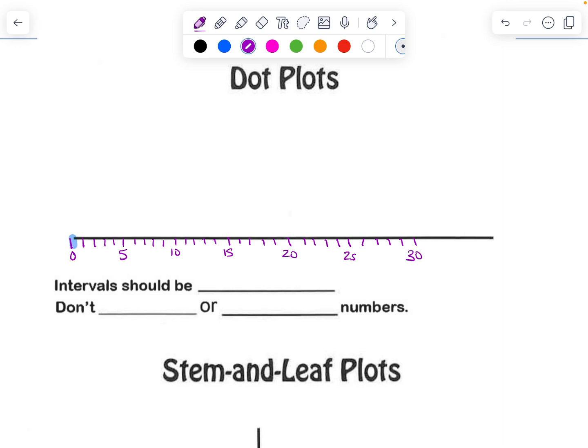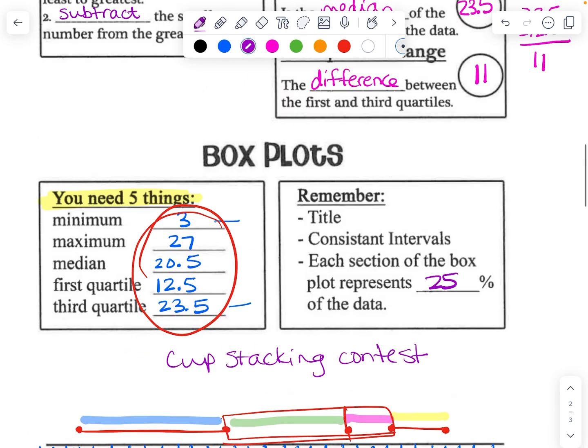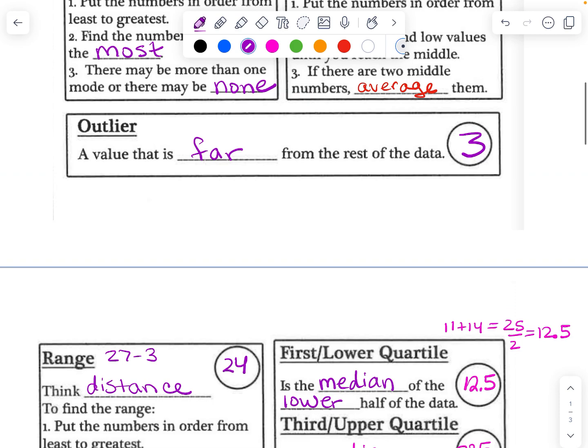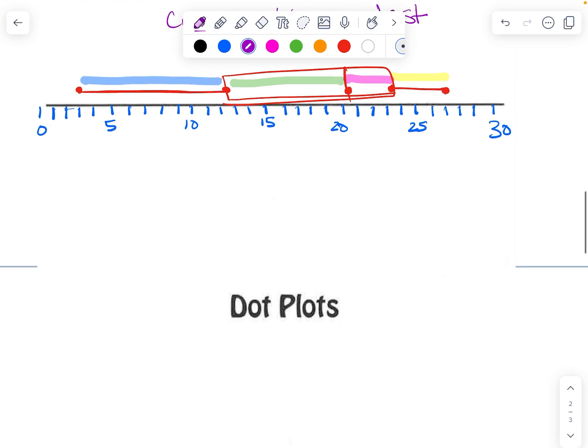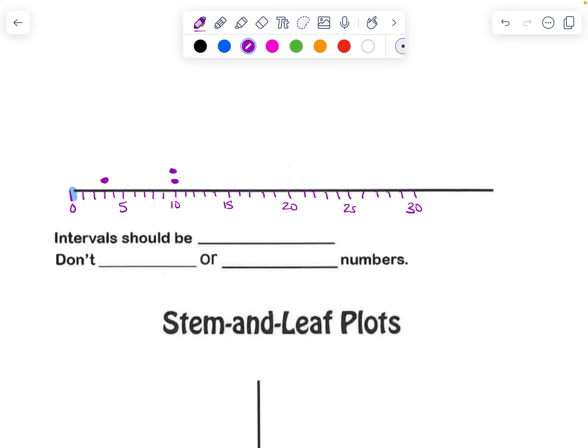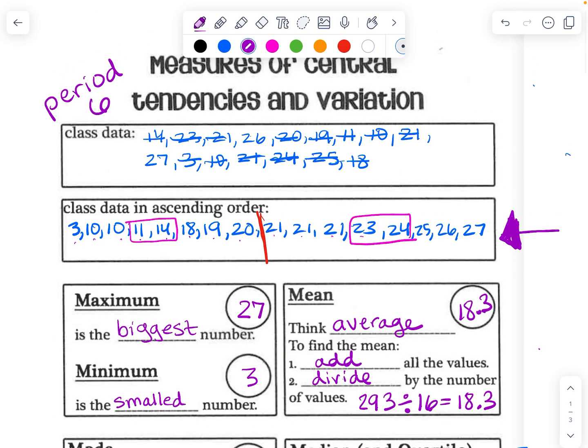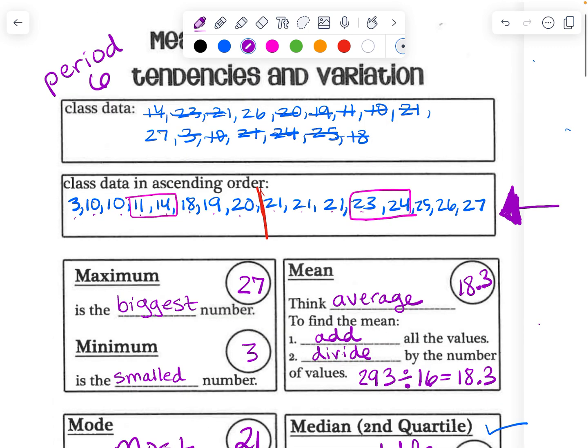There's an 11, so 14, 18, 19. What else? I have 20 and then 3 21s. And then 23, 24, 25, 26, 27.